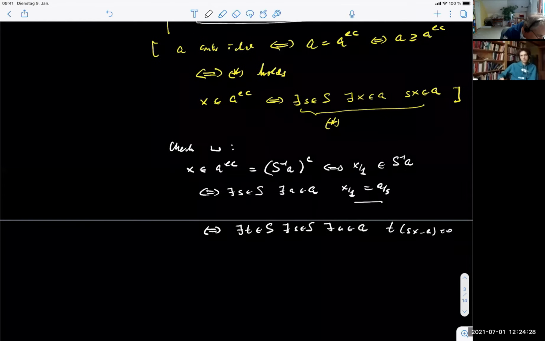Now, if you look at it, instead of TS, you can also say S. I mean, you can simplify this.